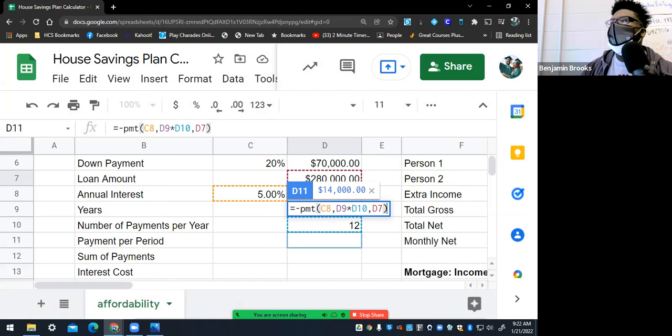And so you can see the full code up here. Equals negative PMT C8, comma, D9 times D10, comma, D7. Everybody got that? Hit enter.